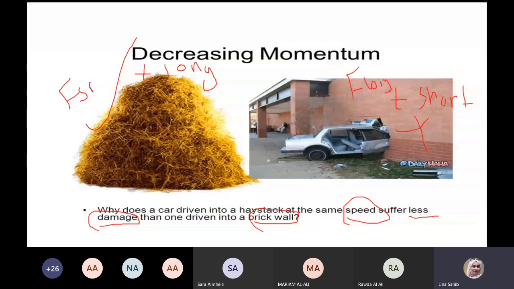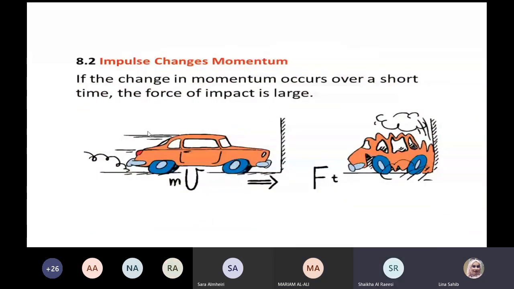So any accident depends on the time taken before hitting the wall or any solid object. Okay? Did you get me? Yes, we get you.